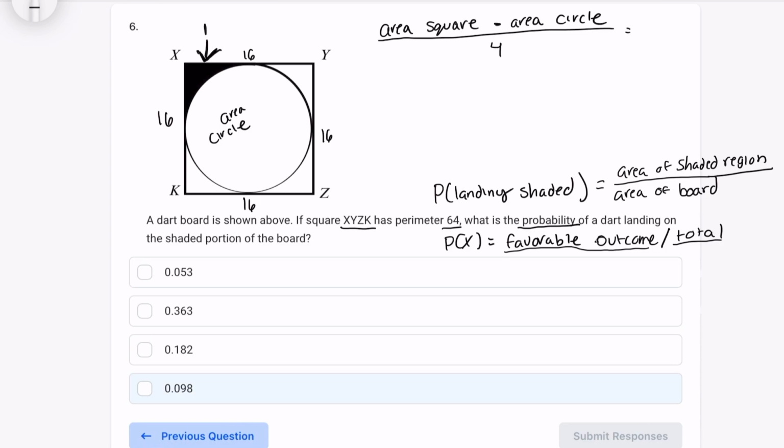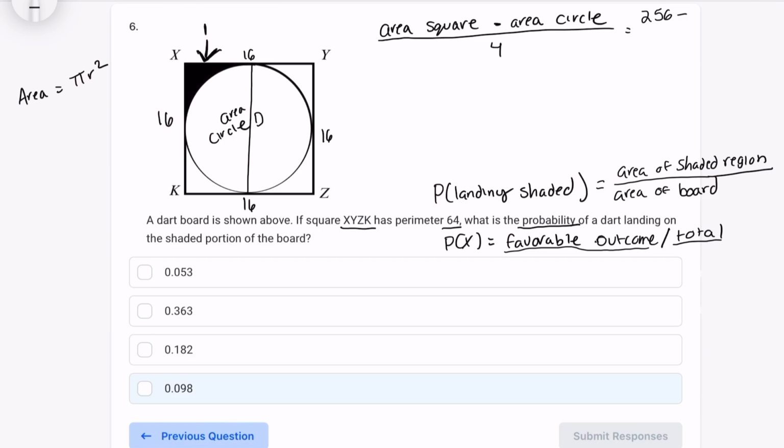So what do we know? We know that the area of the square is equal to 256. Now, how do we find the area of the circle? Well, the area of the circle is pi r squared. How do I figure out what the radius is here? Well, this right here is the diameter.